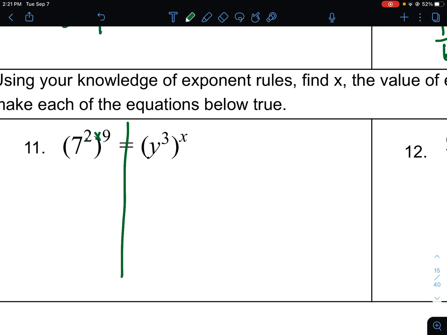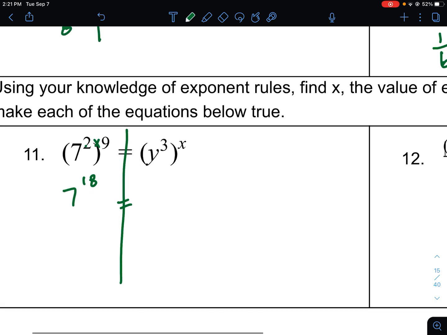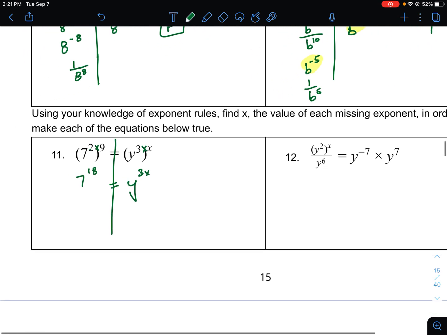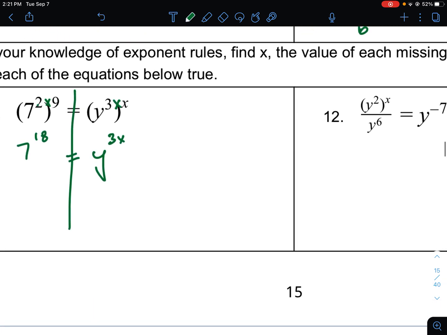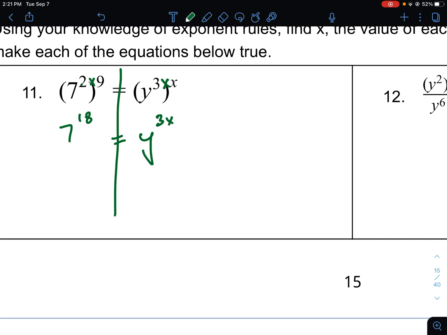You're going to multiply those two, so that's 7 to the 18th. You're going to be left with y to the 3rd times x. Now, remember, you're multiplying that x. What's 3 times x? It's 3x. y to the 3x. So we're finding the value in order to make each of the equations true.